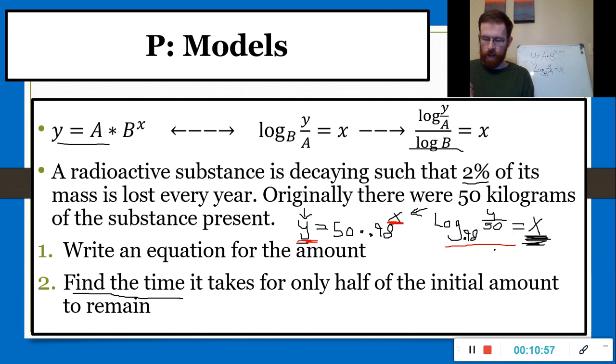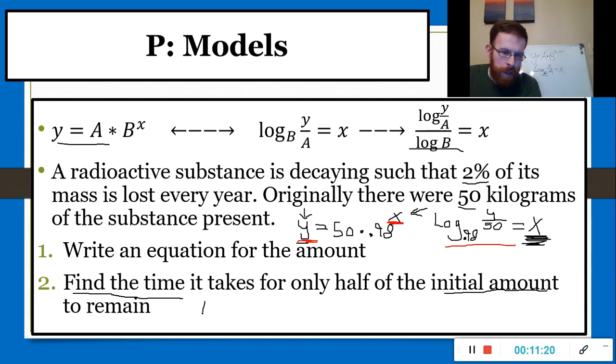Or you could say, hey, Mr. K, this episode's about logarithms, so maybe we need to use the log one. That's right, you do need to use the log one. So, find the time it takes for only half the initial amount to remain. Well, it doesn't tell us how much it has. Actually it does. If we started with 50, what's half of 50? 25.